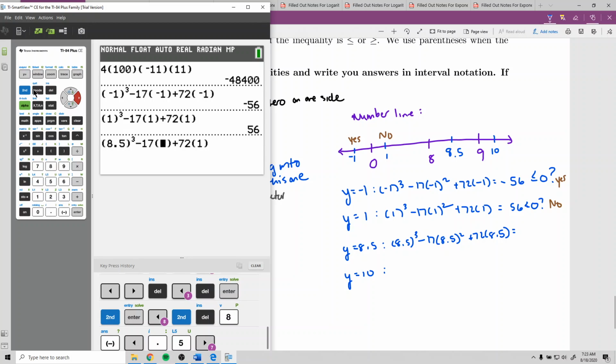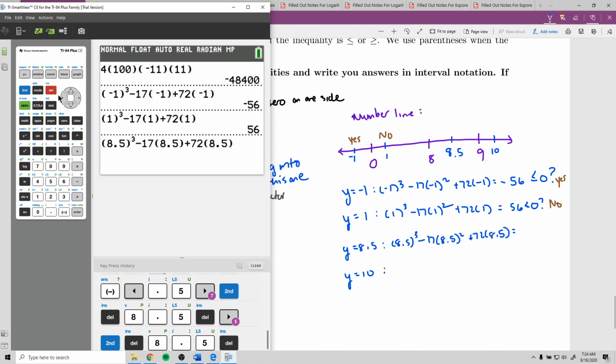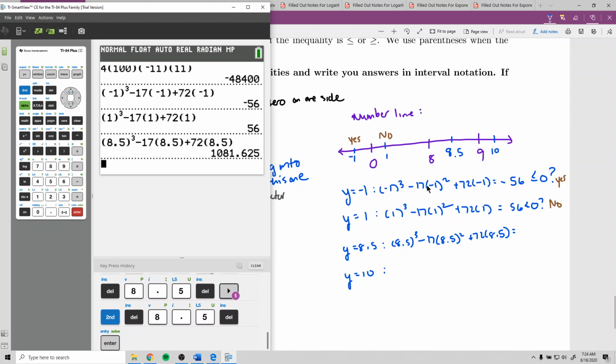If you hit insert, then it just puts it in front. We got 8.5, and then I'm going to delete that one. And then same thing here. 8.5. Delete that one. And we get 1081.625.